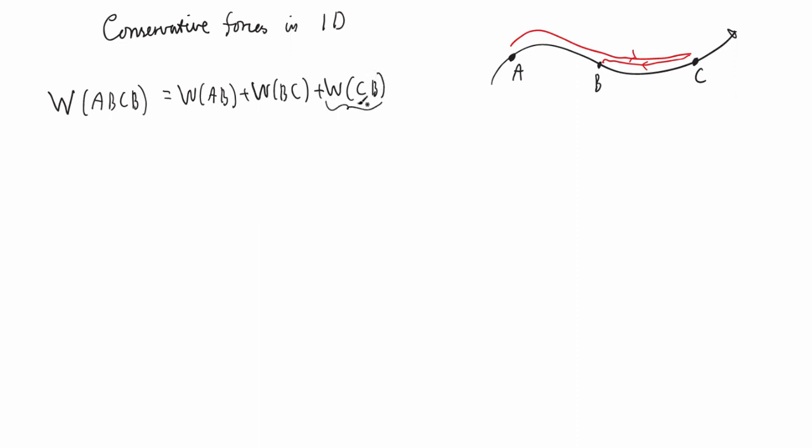Now, if we have the first condition on conservative forces satisfied, that is that the work depends only on position, then this is actually equal to minus the work from B to C, in which case, of course, these two terms cancel, and we end up with the work just being equal to the work from A to B. So this gives us that the work is path independent.